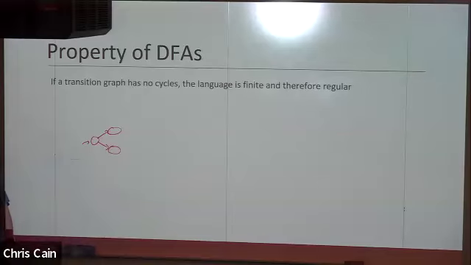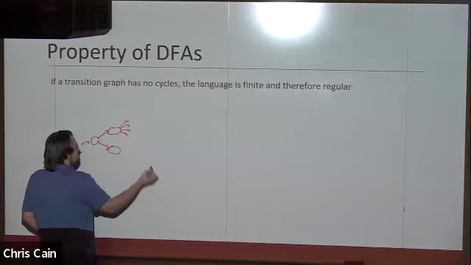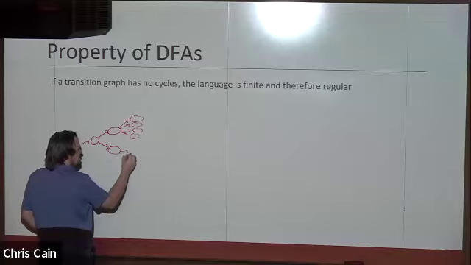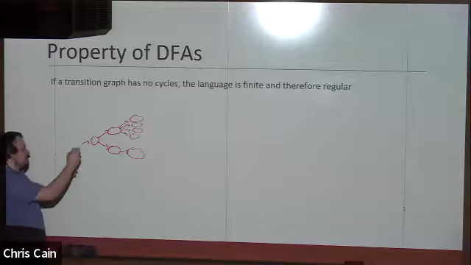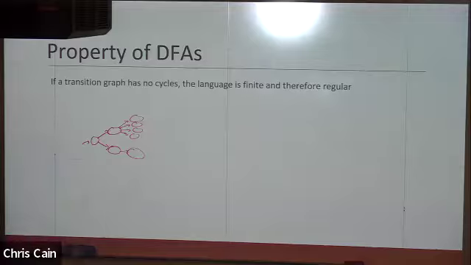For each one of those states, we can't have any self-edges and we can't go back to this because otherwise we'd have a cycle. So this could have an arbitrary number of possible successor states, but you can see that as soon as the graph is finite, there are only going to be a finite number of paths through this tree. It's no longer really a graph. It's a tree.